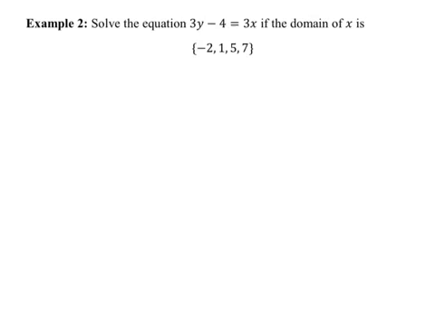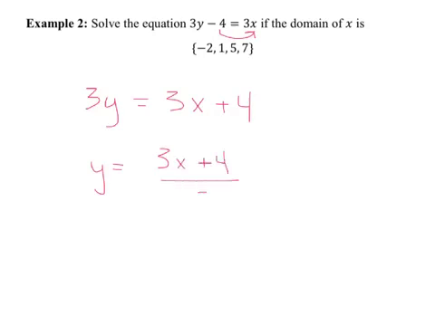All right, let's go through this. Move the 4 over first. The negative 4, move that over. So you get 3y equals 3x plus 4. Again, add that over here. Then divide by 3. Remember, in y1 it should look like this.